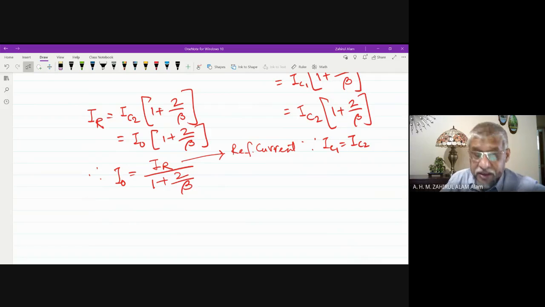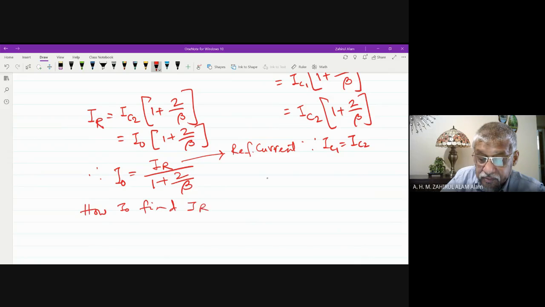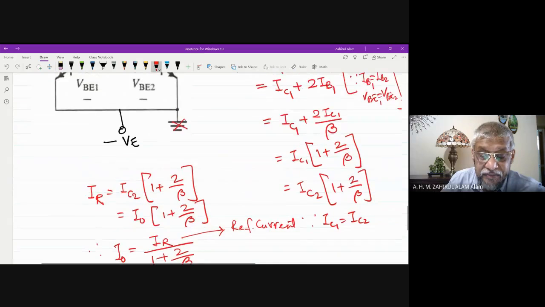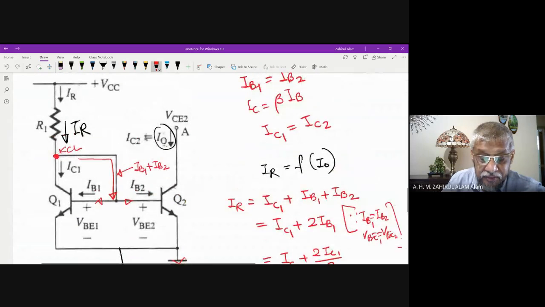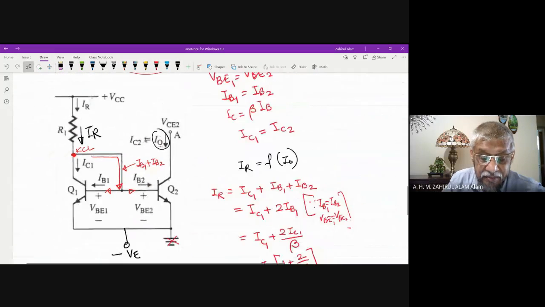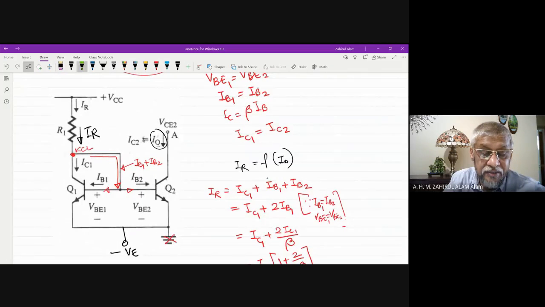But how to find IR? So in order to find IR, we need to look back to this diagram and we need to apply KVL around this loop.